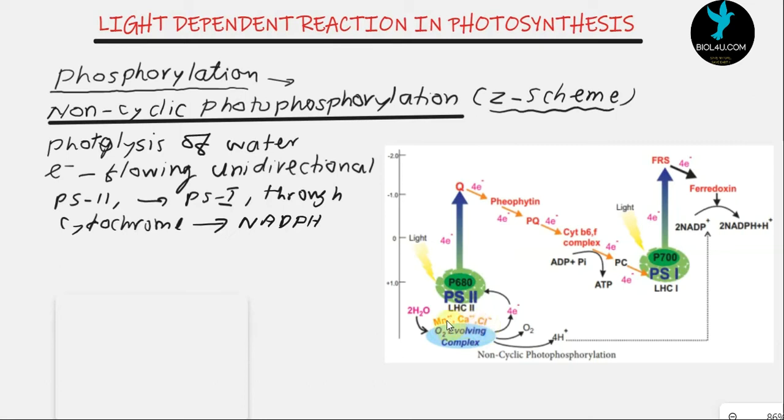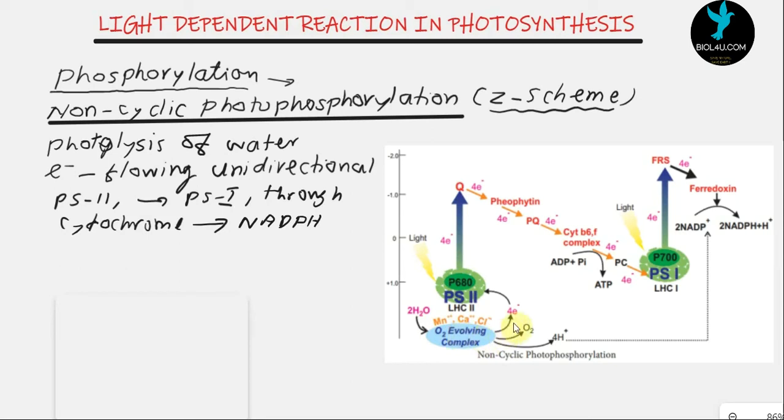So with the help of light energy and in the presence of manganese, calcium and chloride ions, the water splits, producing 4 electrons, oxygen and hydrogen. These 4 electrons are given back to PS2. That means PS2 lost 4 electrons, and these 4 electrons are given by the water molecule.